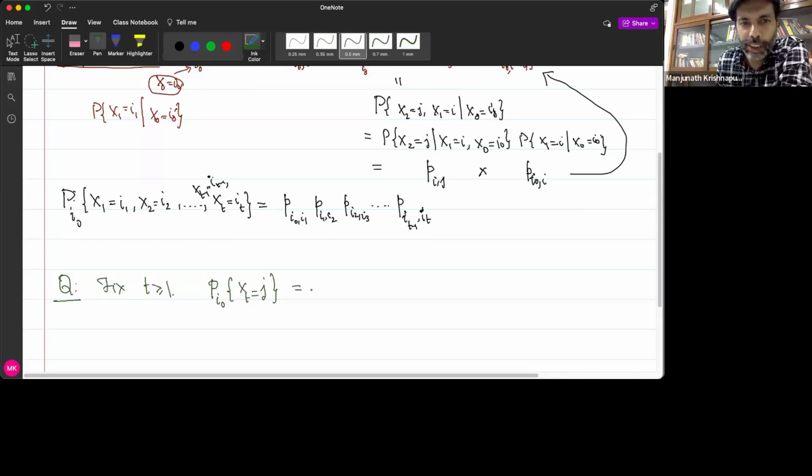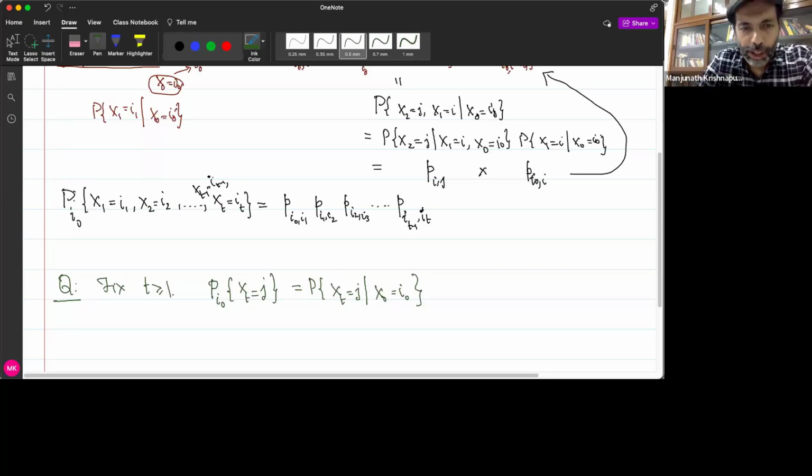For those who prefer conditional probability notation, this just means X_t equals j, given that at time 0 I am at I0. So what is this probability? How do we find that probability?